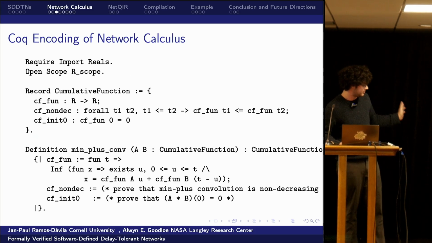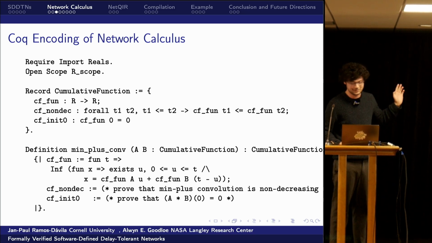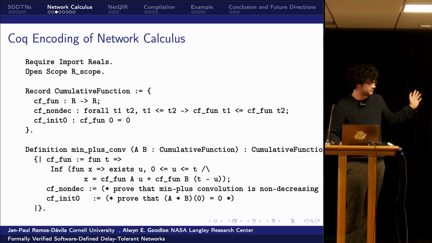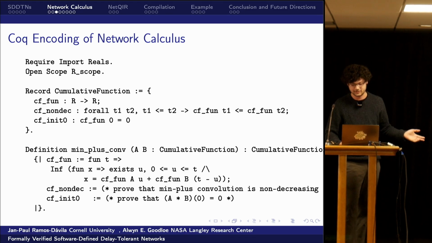So, excuse the badly formatted LaTeX there, but this is how it was simulated in Coq here. So we just have a cumulative function, CF1. Here, this is the actual function A of t describing how much data arrived by a time t. Then we also have the non-decrement.